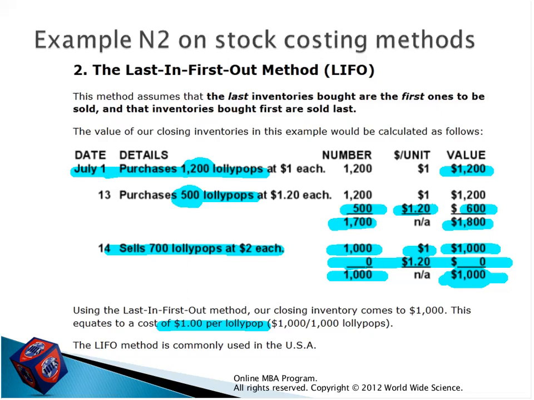1,000 units of lollipops, let's say, left at the end of the month.